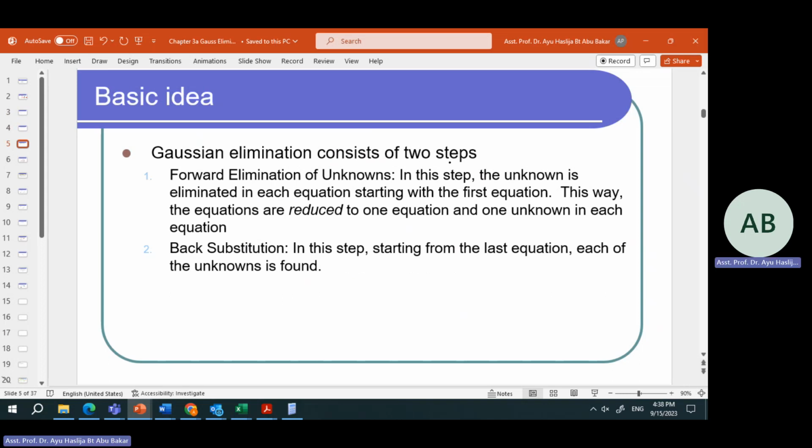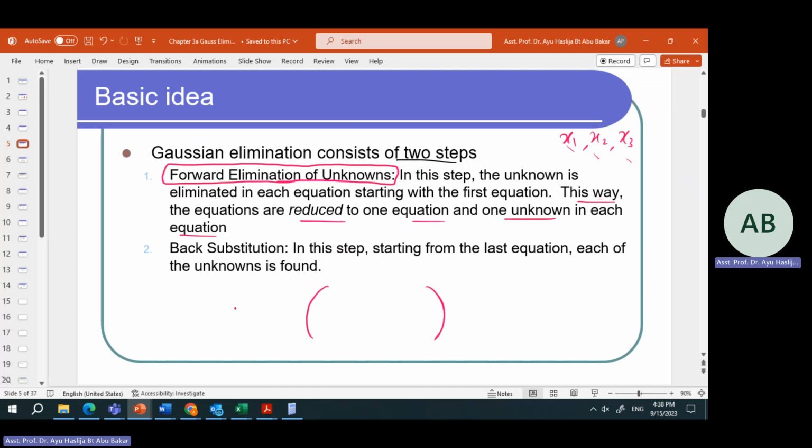Gauss elimination consists of 2 steps where you will need to do the forward elimination. Forward elimination of the unknowns. You have x1, x2, x3. So in your matrix, you will need to do the steps in order to zero all these unknowns. This way, the equations are reduced to one equation and one unknown in each equation.